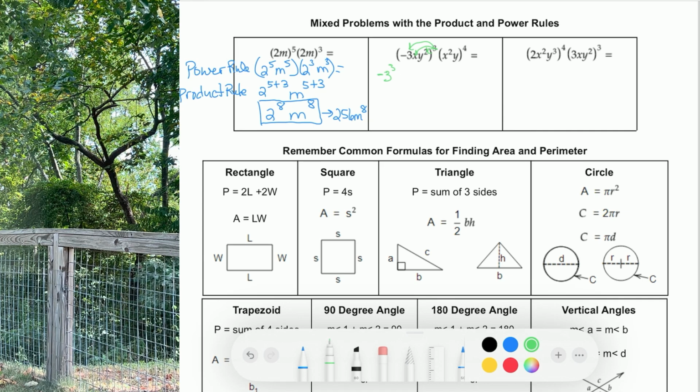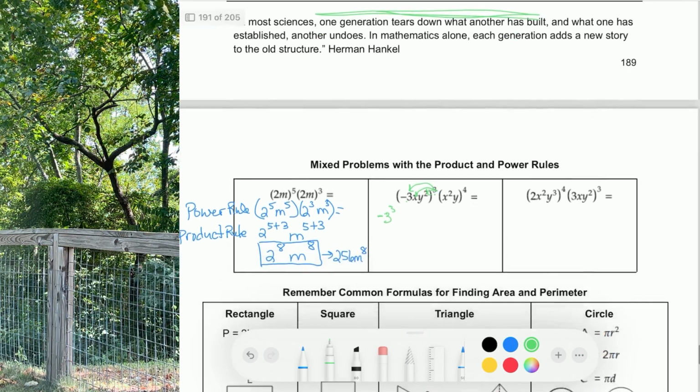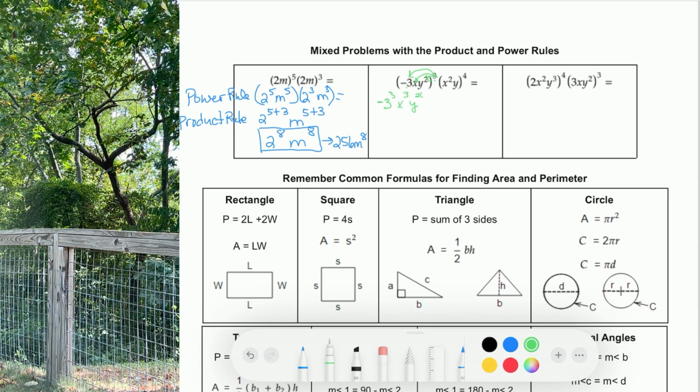And remember, that 3 is an odd exponent, so that keeps my negative 3 negative. That was that part up here that I was showing you, okay? So it's a lot like this one here. All right, so we've got negative 3 to the power of 3, x to the power of 3, y to the power of 2 times 3.